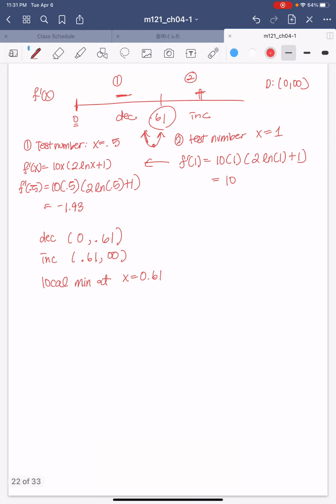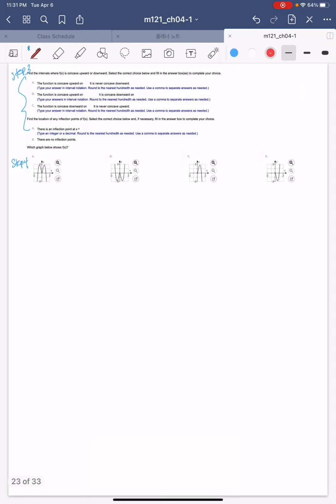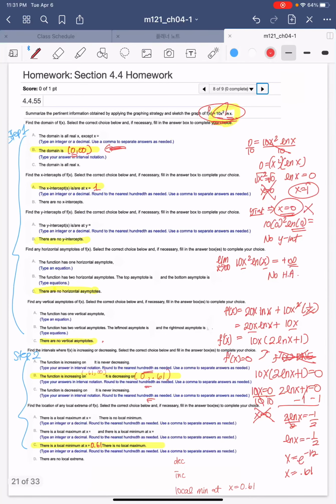Step 3 is concavity. So step 3, take a second derivative. Now our first derivative ended up being this.